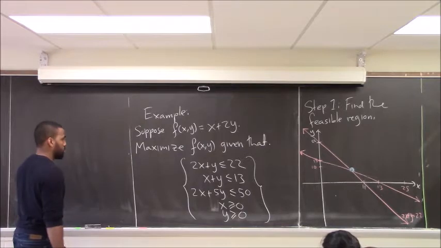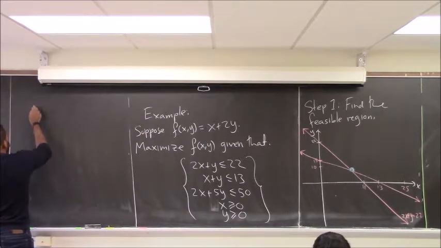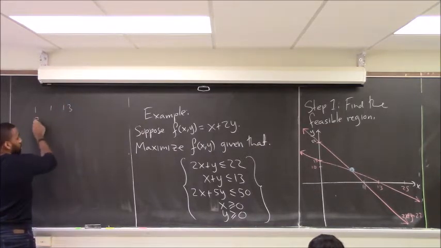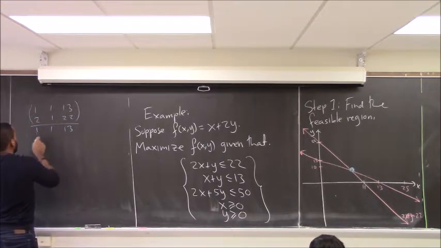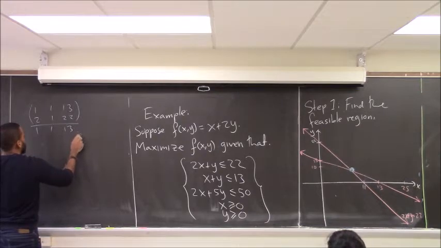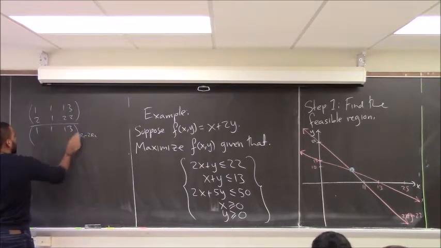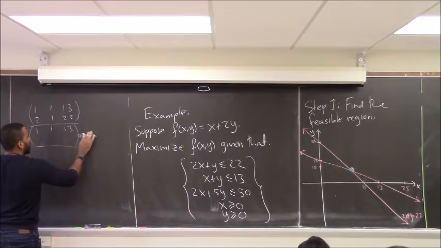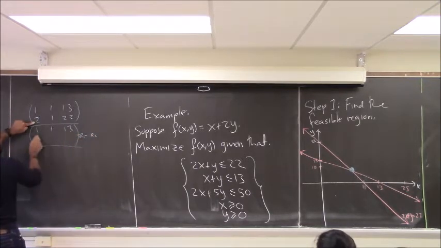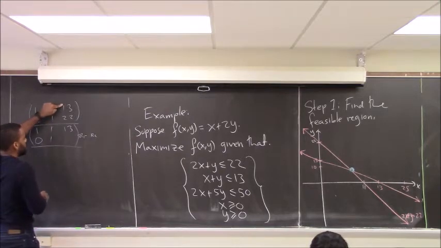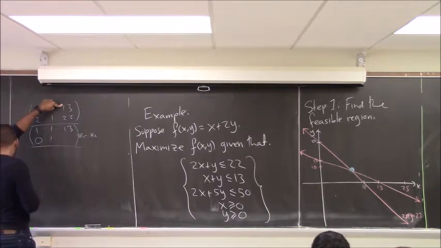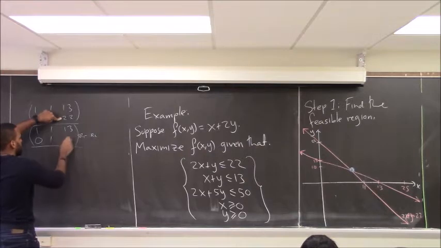Find the intersection of the first two. If I have 1, 1, 13, 2, 1, 22, what I can do is 2 row 1 minus row 2. 2 minus 2, 0. 2 minus 1, 1. 2 times 13 is 26, minus 22, 4.